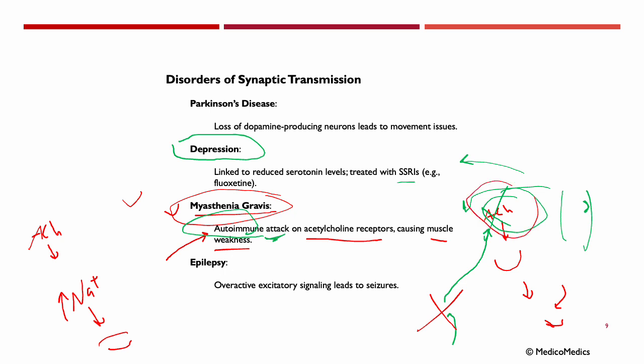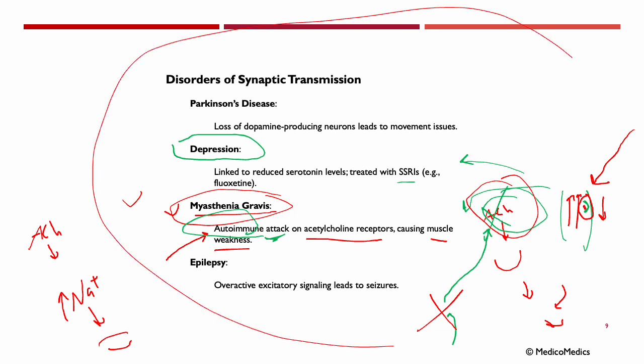Less degradation of acetylcholine, leading to increased availability of acetylcholine, increased likelihood of it binding despite the decreased number of receptors due to immune destruction. Hope that makes sense to you.